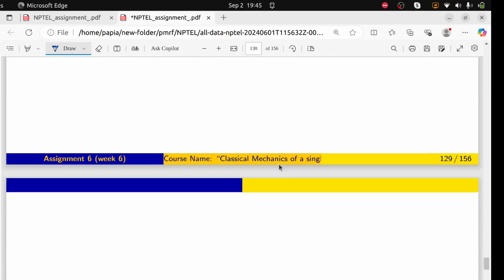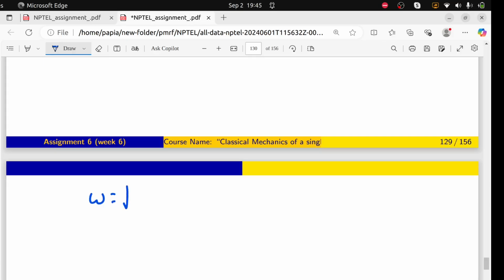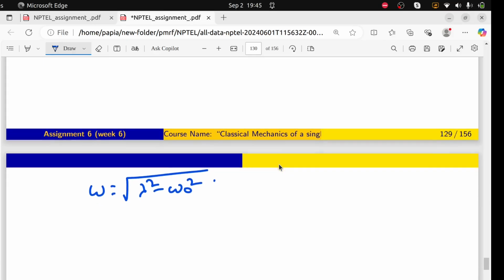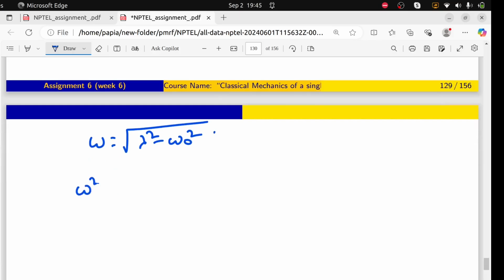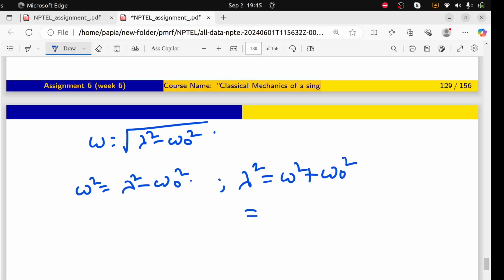How? Because omega is root over lambda square minus omega 0 square, so lambda square is omega square plus omega 0 square. Omega was 20 Hz, omega 0 is 25 Hz.